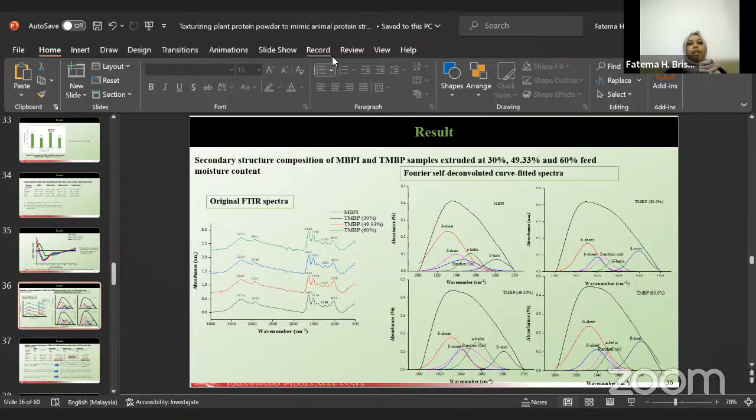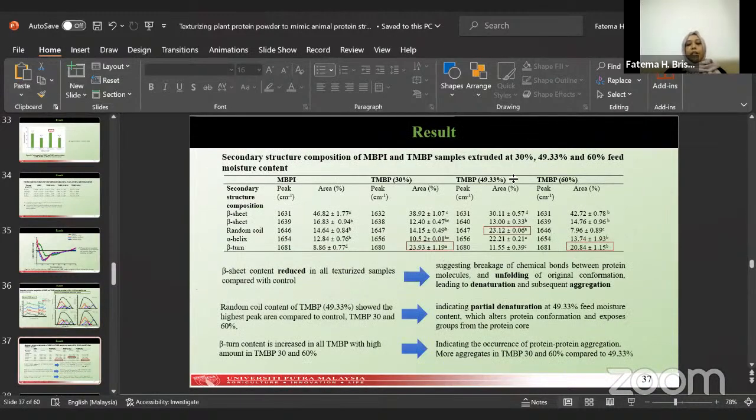And then next we have this FTIR analysis, again for the secondary structural composition, and we have noticed that for 30 and 60% we have more beta turn structure, which again tells us of the complex structural reorganization in this low and high moisture food compared to our optimized condition, which is 49% moisture content.